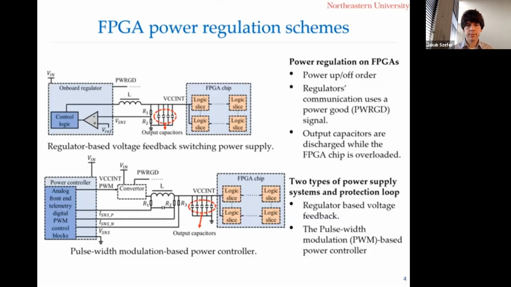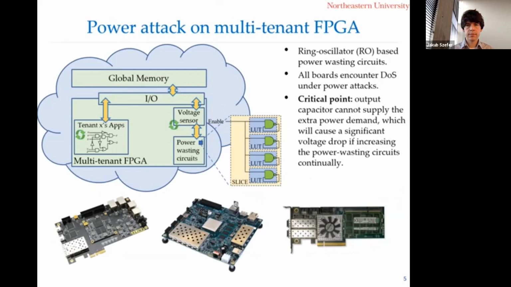We apply a ring oscillator-based power wasting circuit to emulate an equivalent increasing load scenario, which is used to characterize the FPGA board. Here we apply the experiment on 3 different FPGA boards, and we use XADC, an embedded voltage sensor in the FPGA chip, to measure the voltage drop.